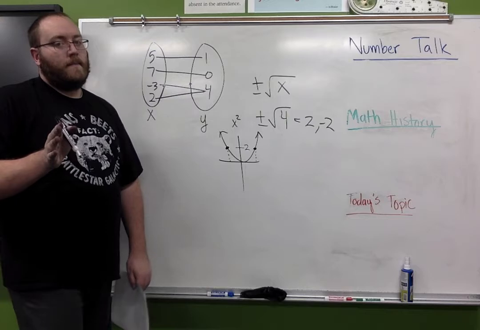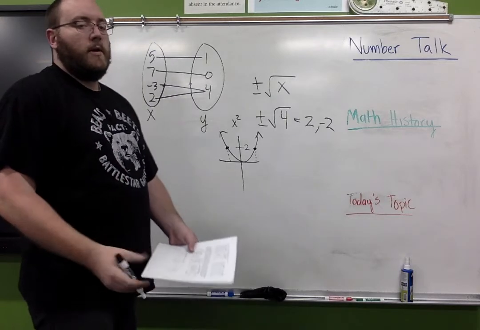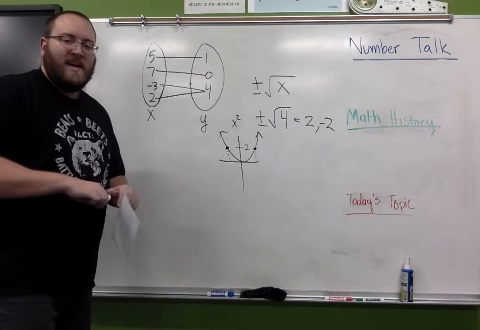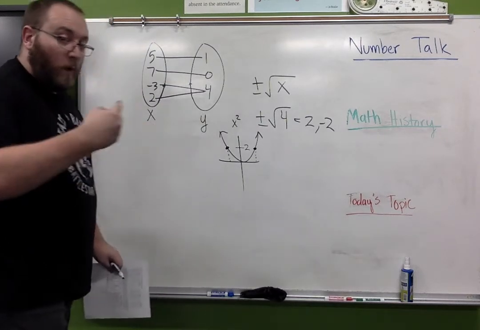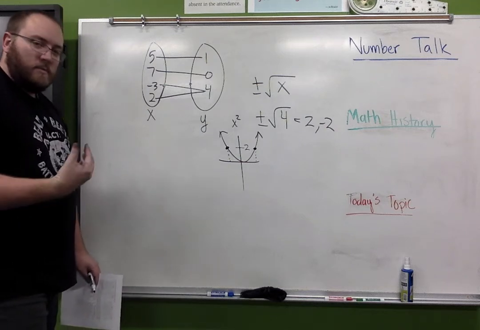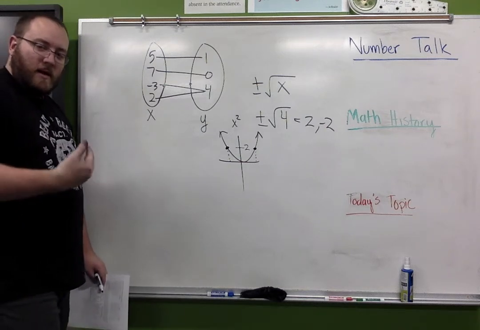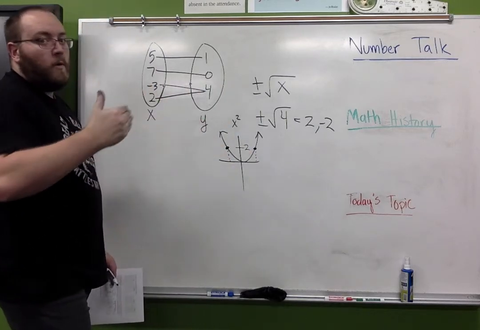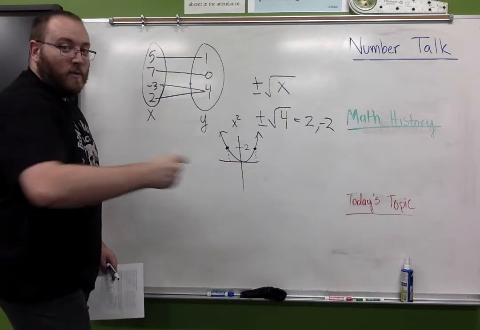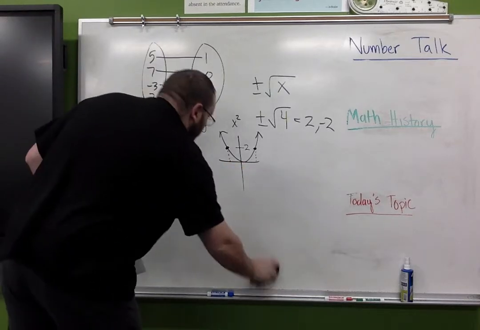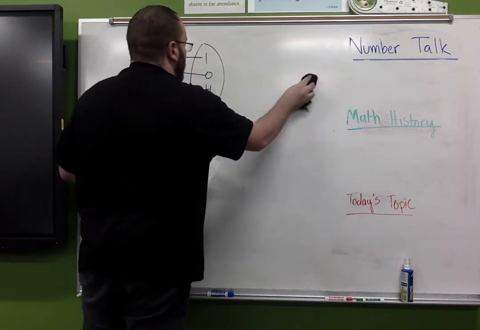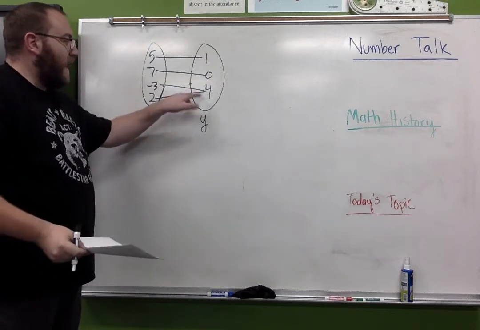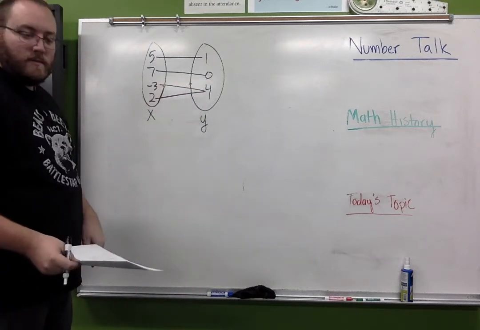Now 1 to 1. Okay, this is the new thing I'm introducing. You already knew this. This was just a review. A 1 to 1 function is where every x value has only one y value, and every y value has only one x value. So this right here is a function, but it's not 1 to 1 because that y value has two corresponding x values.